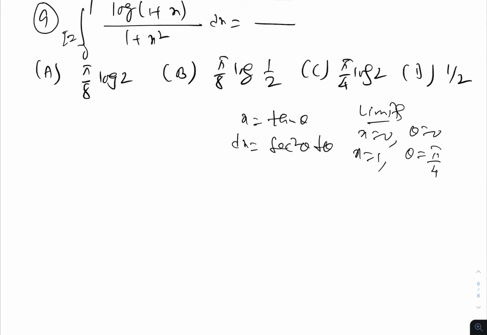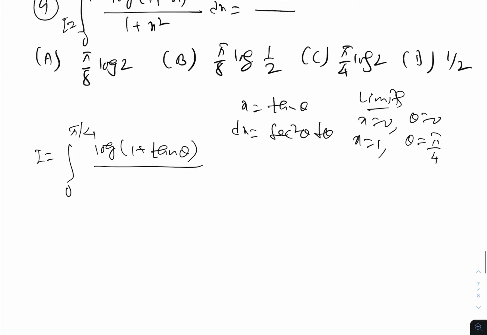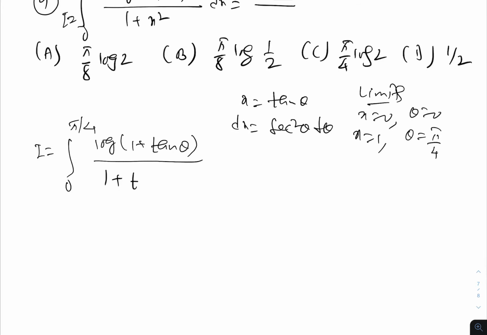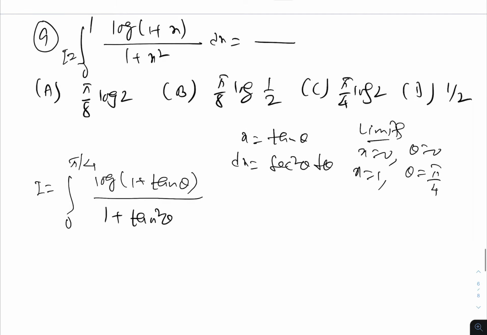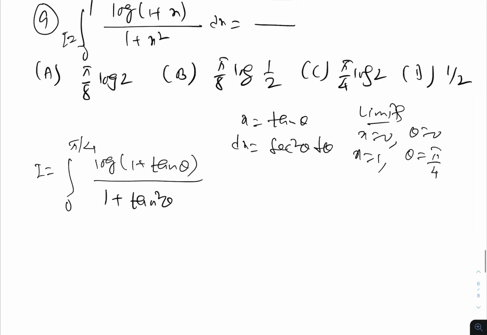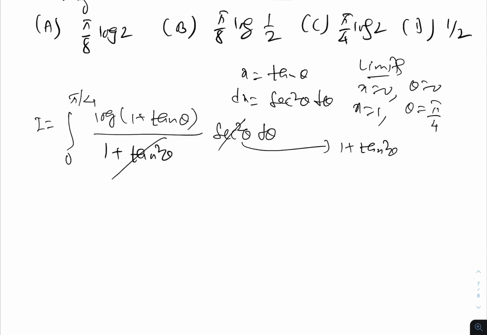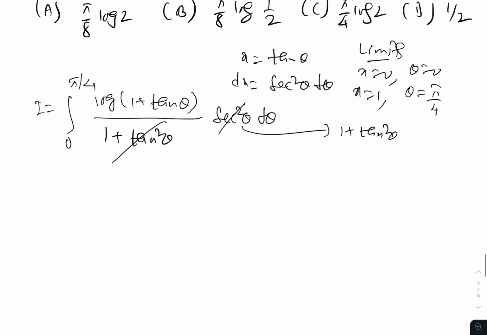So this integration I becomes 0 to pi by 4 log of 1 plus tan theta over 1 plus tan square theta, and dx is sec square theta d theta. Now sec square theta is 1 plus tan square theta, so this will be cancelled. So remaining is integration 0 to pi by 4 log of 1 plus tan theta.